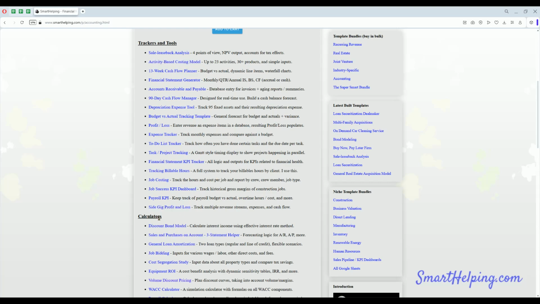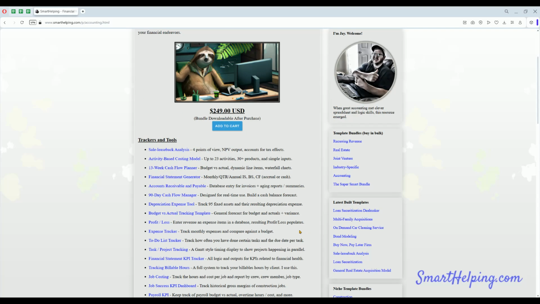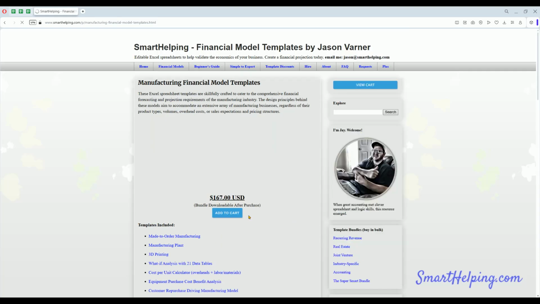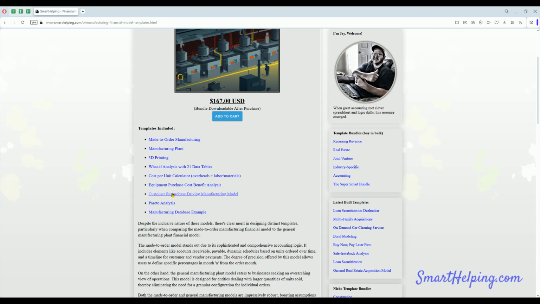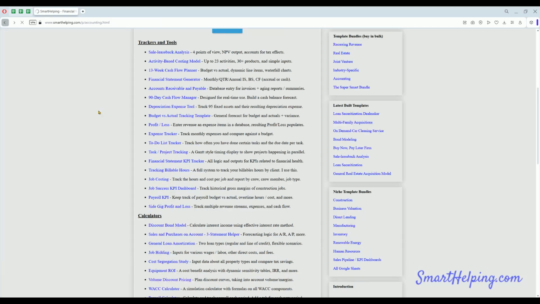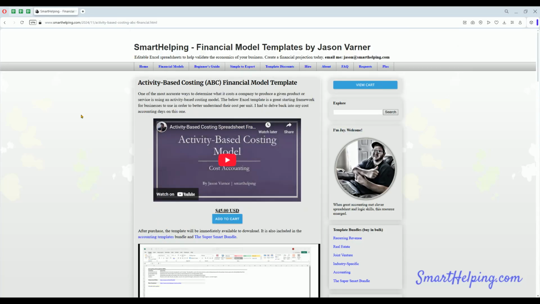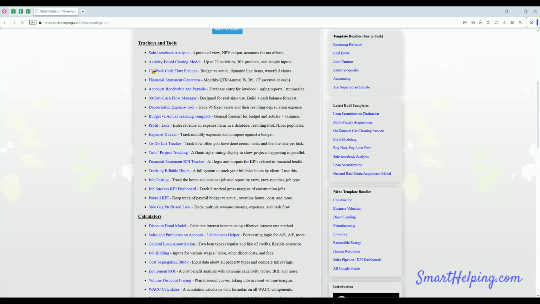So it'll go in the accounting tools. It will be added to the manufacturing bundle as well. So if we go look at the niche template bundles on the sidebar, manufacturing, I will add it into here. By the way, the activity-based costing model should be added in here as well. I'm surprised it's not. I guess I just put it in the accounting. I'm going to add that to the manufacturing bundle, though, as well as the absorption costing we just went through. So both those will be in the manufacturing.